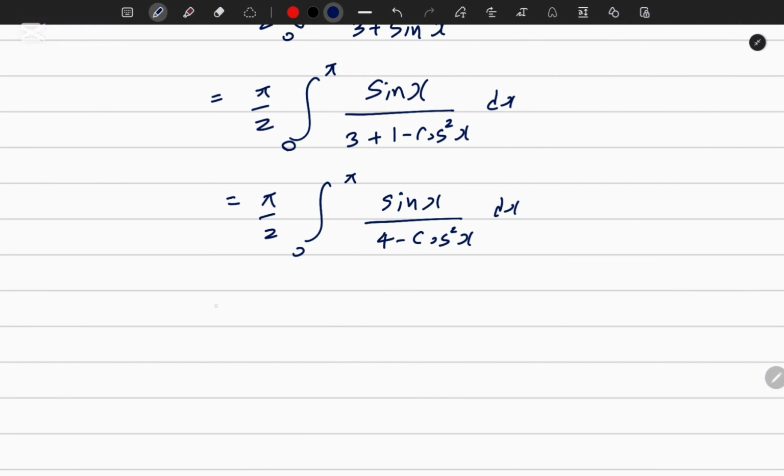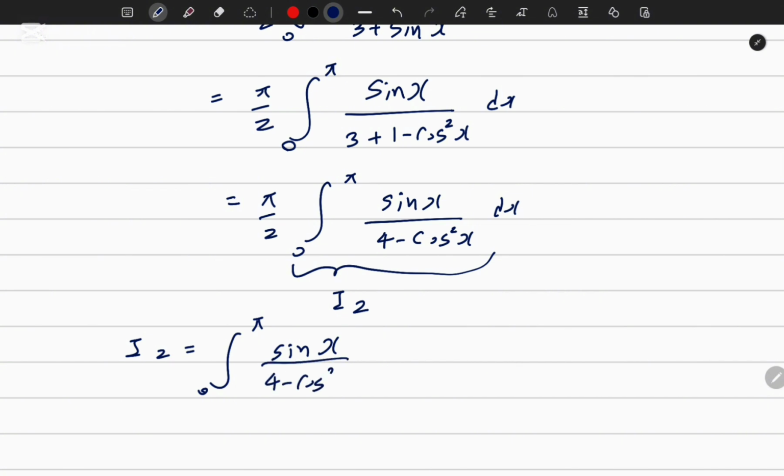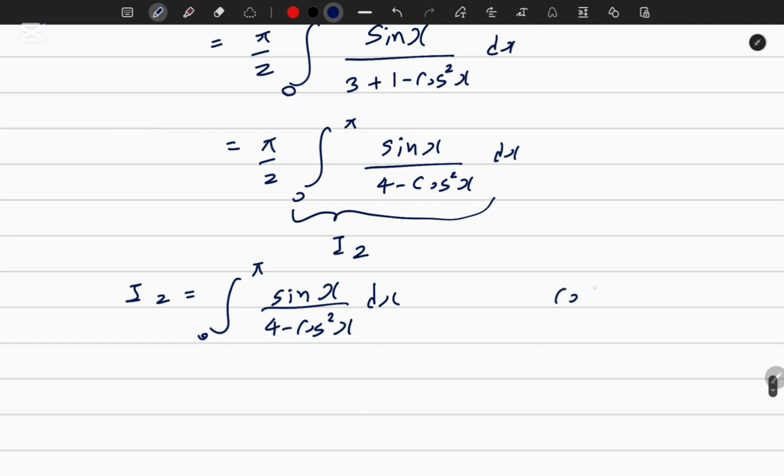So now I'm going to take a substitution. First I will take this as I2. So I2 is 0 to 5 sin x over 4 minus cos square x dx. I will take cos x as t.